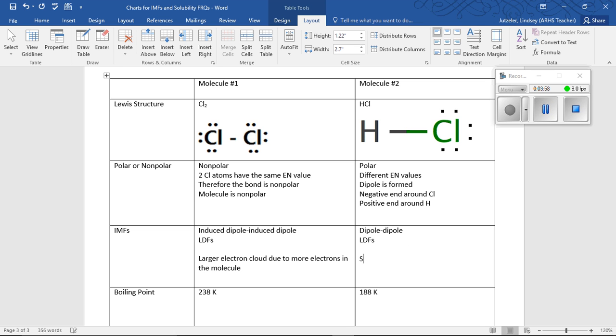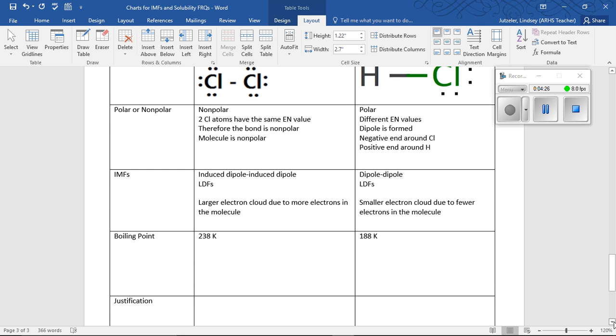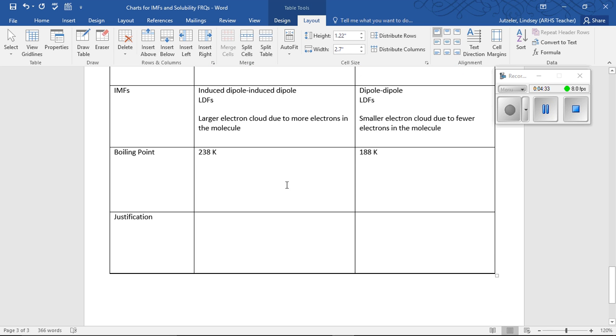HCl has a smaller electron cloud due to fewer electrons in the molecule. Okay, so now we need to justify why the boiling point of Cl2 is higher even though it just has LDF. So here's our justification.